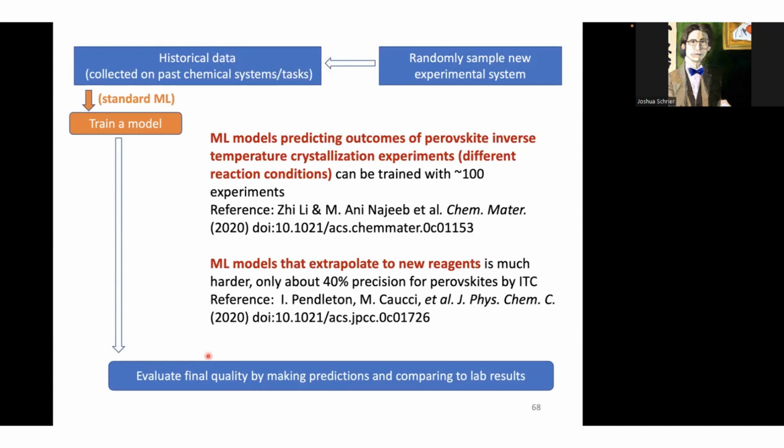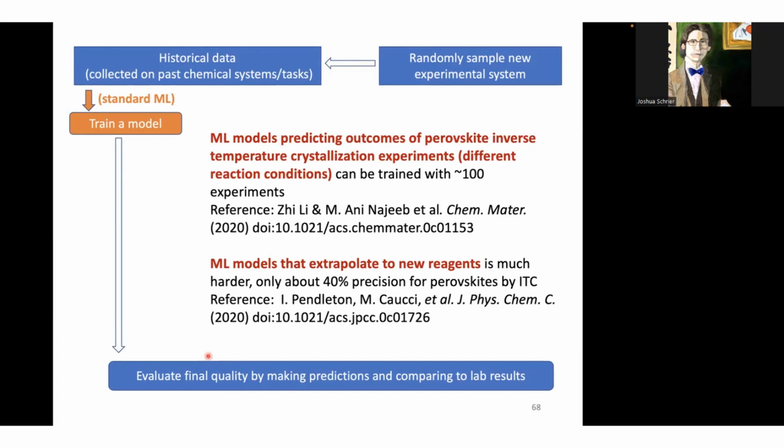For this interpolation task, it turns out you don't need a tremendous amount of data. If you've got 96 or 100 examples of a particular set of reagents, then you can build very decent models for predicting how the reaction outcomes will change if you just change the compositions, at least for that inverse temperature crystallization.